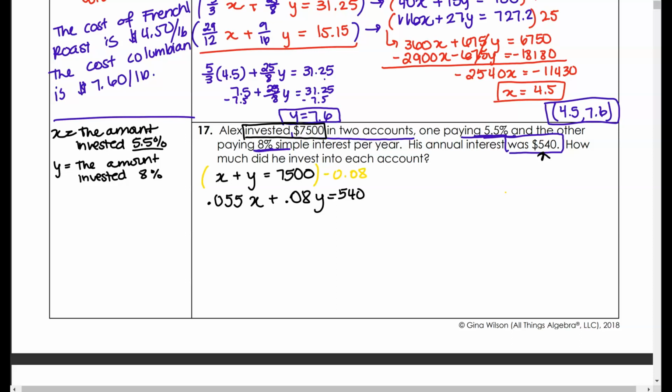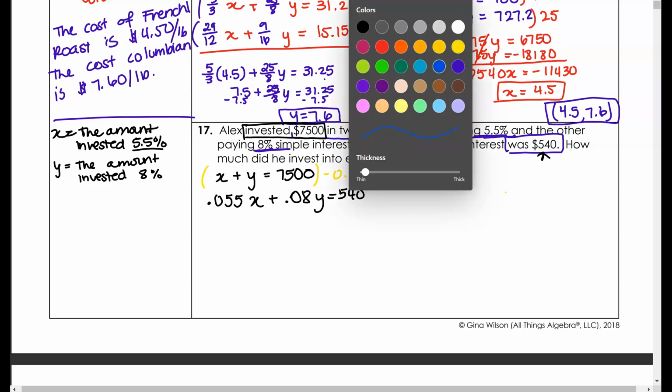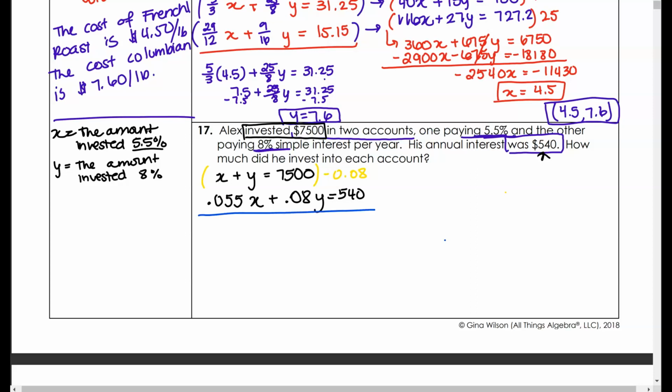Let's get rid of the Y. So now this equation turns into negative 0.08x minus 0.08y equals negative 600, all over 0.055x plus 0.08y equals 540.